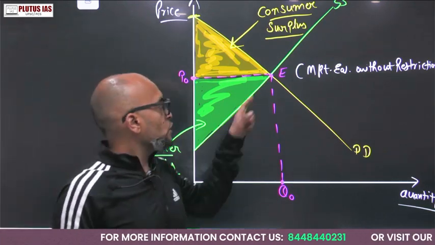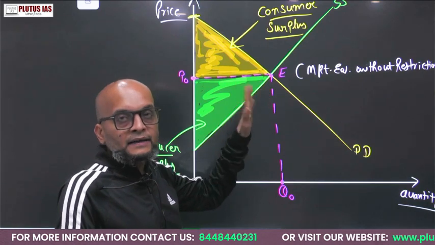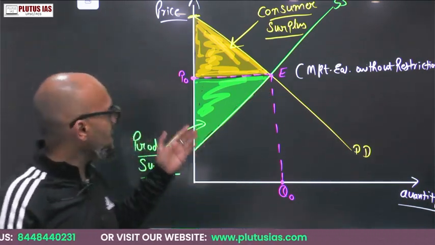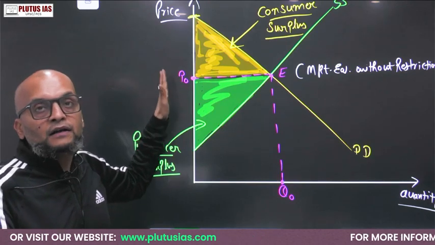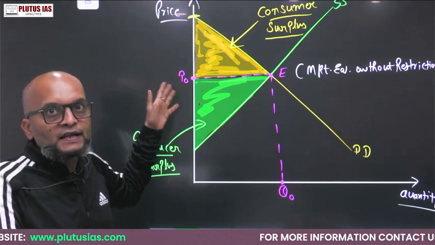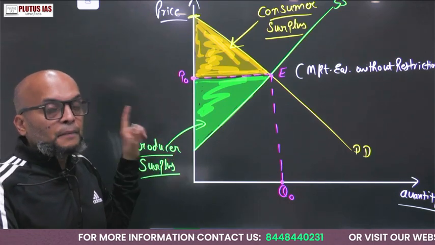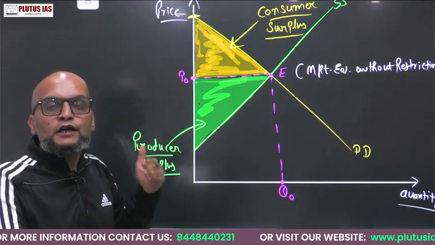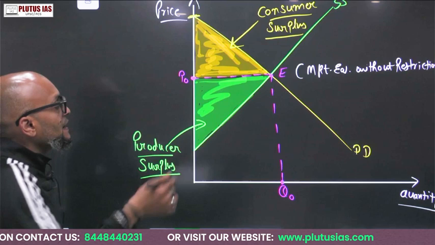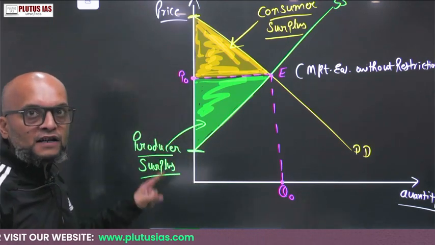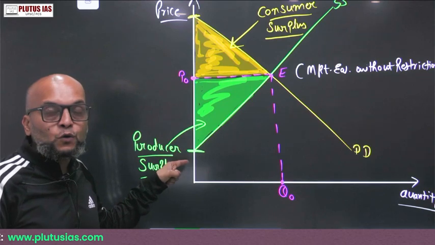Please see guys, for equilibrium point E, how much price is the producer getting? He is getting P0 amount of price. Yes, he is getting P0 price for his Q0 goods, right or wrong? But producers were ready to sell their goods even at a lower price. See this point. Producers were ready to sell their goods till this point.